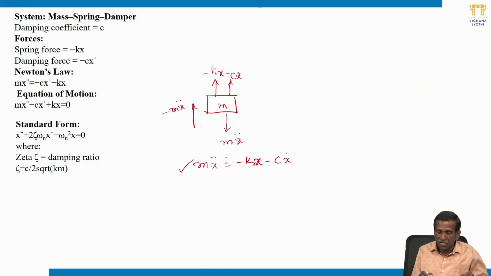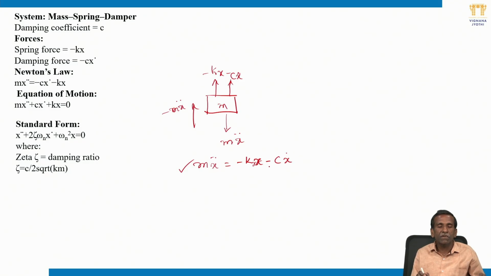So based on D'Alembert's principle, the inertia force and all these terms have the same sign, or based on Newton's second law, mx double dot equal to minus kx minus c x dot, which is in the opposite direction. Both ways we can interpret this way of writing the equation. So the equation of motion when damping is considered is mx double dot plus c x dot plus kx.